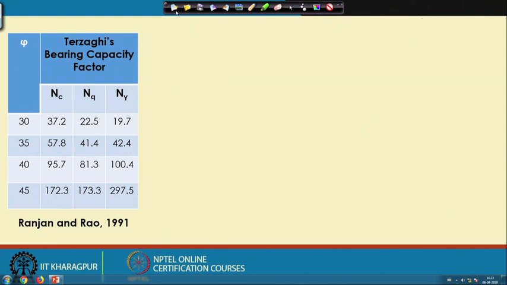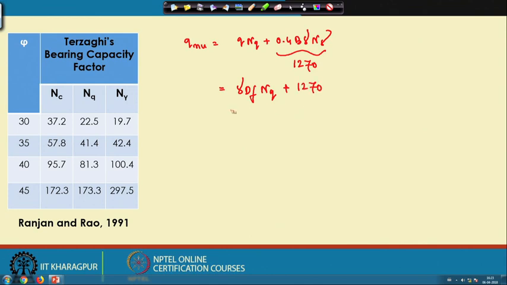So, our q ultimate will be q N q plus 0.4 B gamma N gamma. This is nothing but 1270, unit weight into D f into N q, plus 1270.